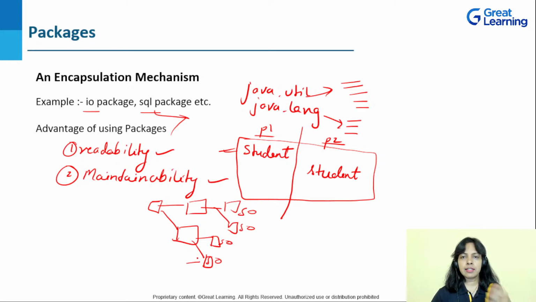All these 50 files deal with the same function, these 50 files deal with somewhat similar kind of operation. Is this easy to read, or putting all 200 files under one folder easy to read? Definitely the approach where there are four different folders with 50 files is easy to read, right? So this is what packages help in, that is, the readability of the code increases.